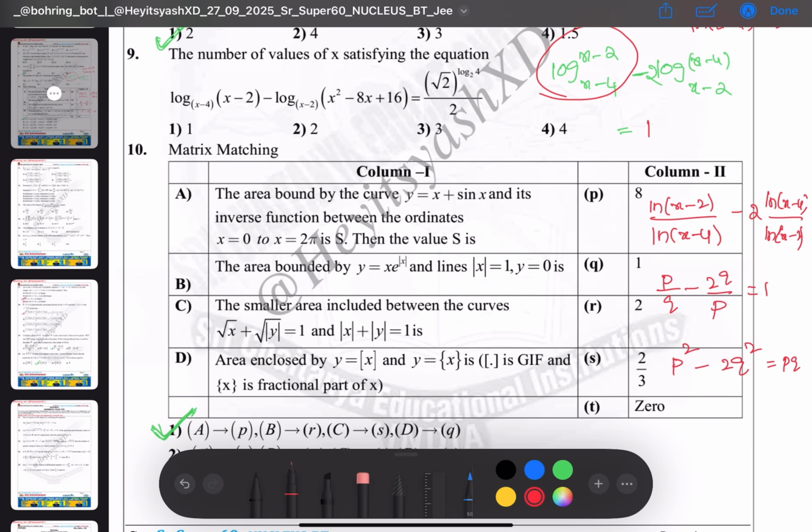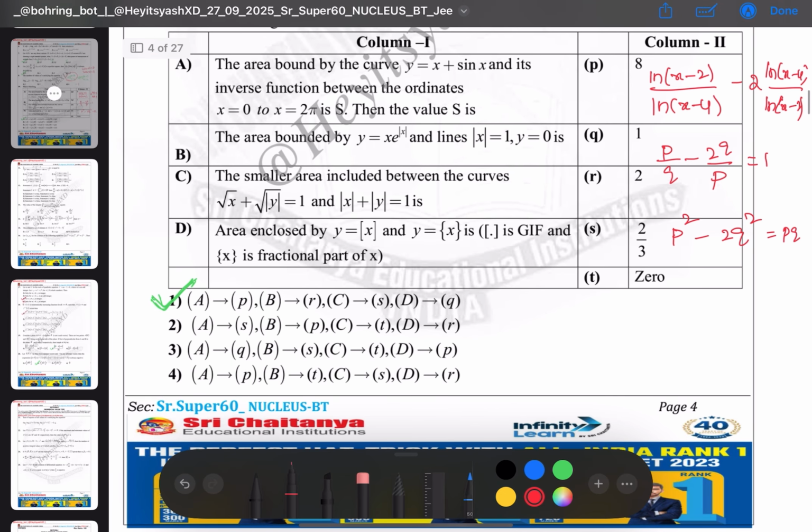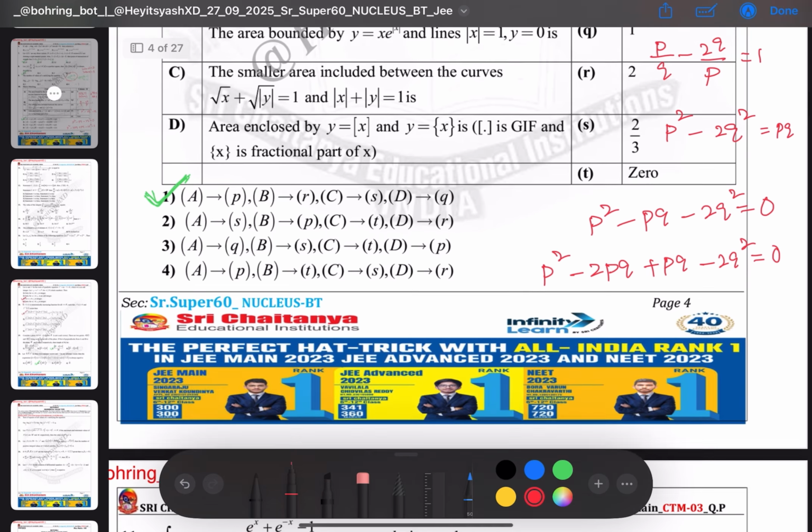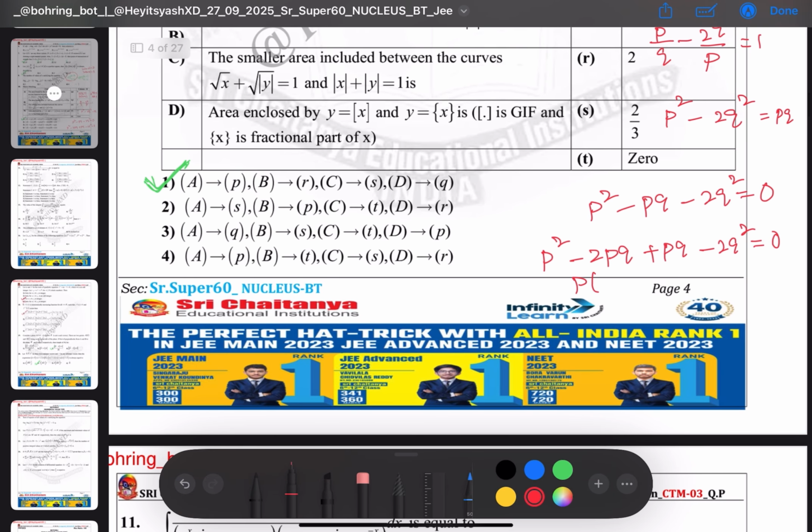Alright. Now p square minus pq minus 2q square is equal to 0. P square minus 2pq plus pq minus 2q square is equal to 0. So that can be written as p into (p minus 2q) plus q into (p minus 2q) is equal to 0.